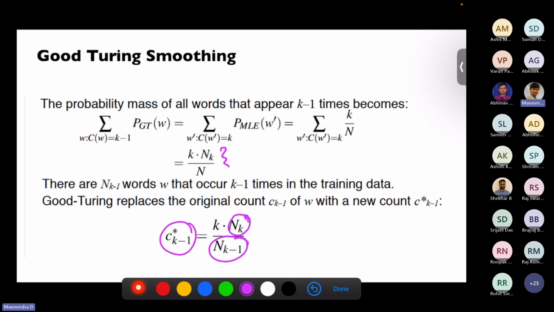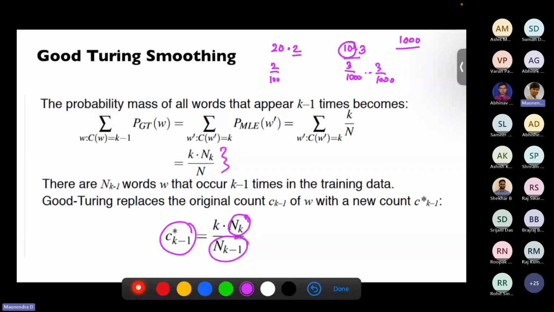We know that all words, say suppose there are 20 words with frequency 2 and there are 10 words with frequency 3, and suppose there were 1000 words in the entire collection. For each of these 10 words, the probability was 3 by 1000. And for each of the others, the probability was 2 by 1000.